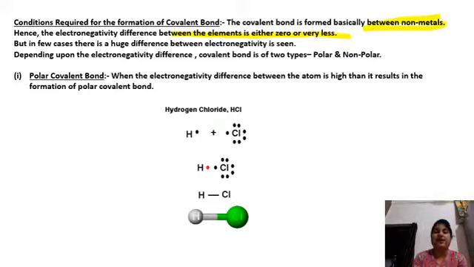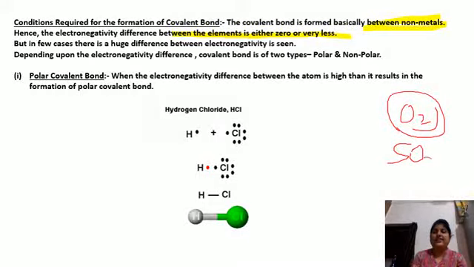For example, अभी हमने एक example देखा था formation of oxygen. Both of the atoms are of oxygen. What does it mean? That the electronegativity difference is 0. Another example, SO2. Oxygen and sulfur belongs to the same group.